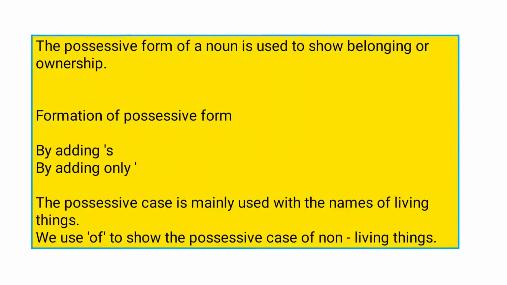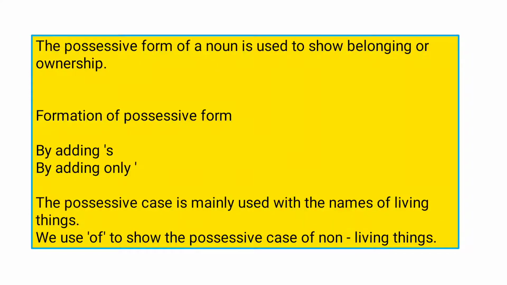We form possessive form by adding apostrophe s with the words which are not ended with s, whether it is singular or plural. We form possessive form by adding only apostrophe with the words which are ended with s.